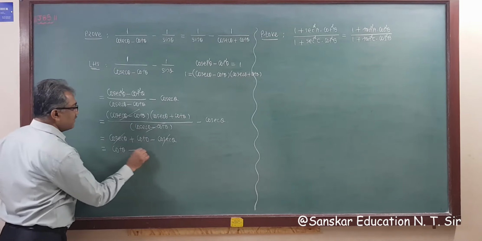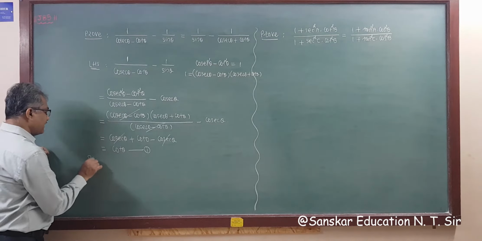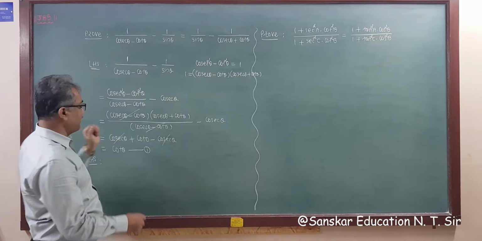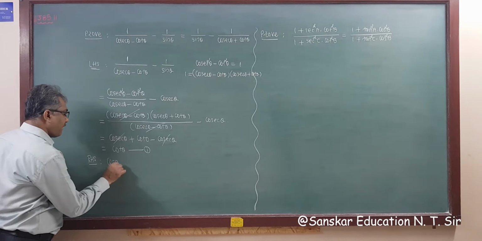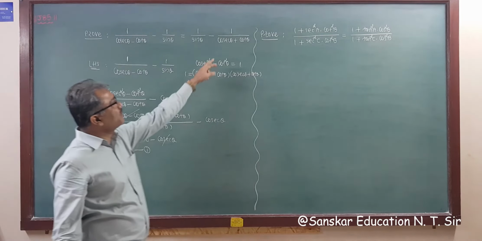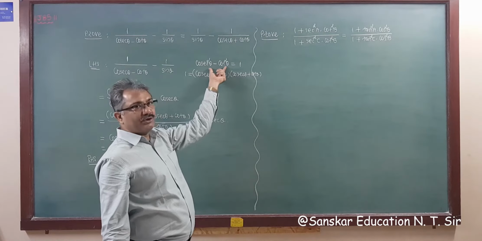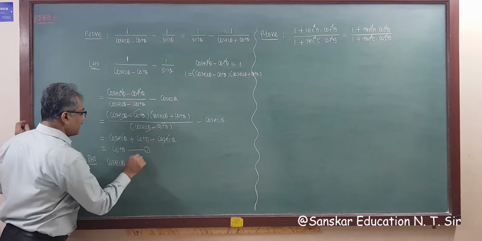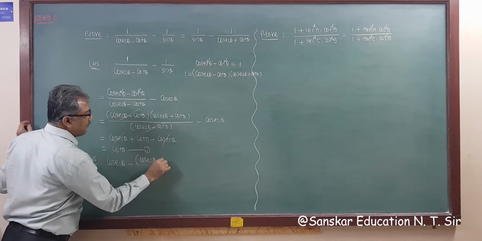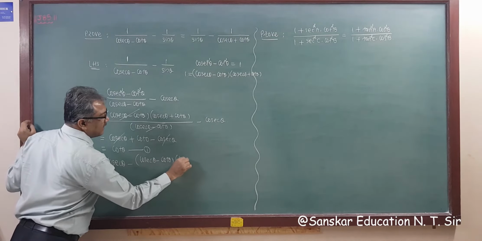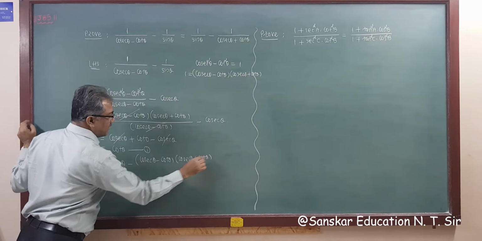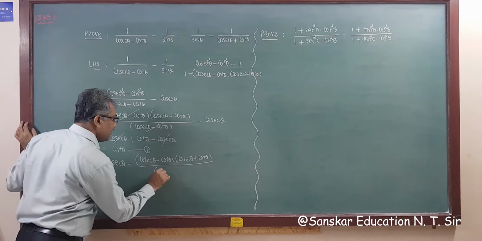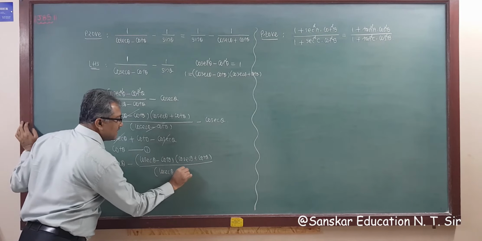So similarly, say this is result number 1, and if we take the right hand side, then the right hand side is 1 upon sin theta, which means cosec theta, minus, if we substitute instead of 1 the same thing cosec square theta minus cot square theta, then the factor of this we can write directly: cosec theta minus cot theta and cosec theta plus cot theta whole upon cosec theta plus cot theta.